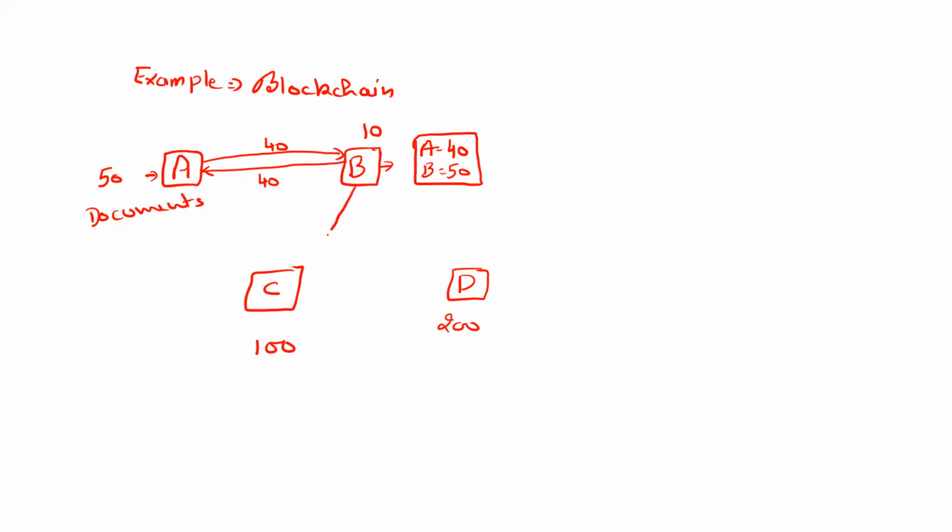Now B again asks to share at least 40 documents with it. But instead of 40, C shares 50 documents with B. So it will create one more block, the next block, where C shares 50 documents with B. In the same way, B asks D to share 100 documents, right?